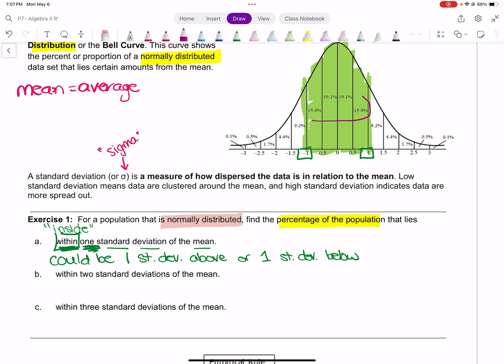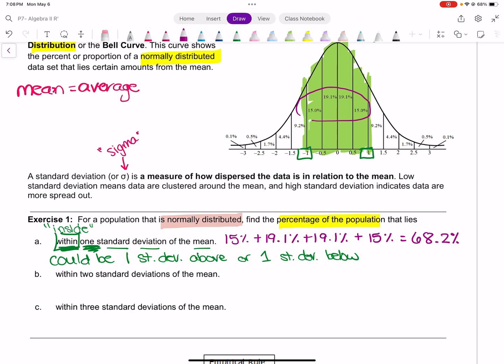So we're going to take all the percents that are inside. So we have 15, we have 19.1, another 19.1. Our normal curve is symmetrical. Another 15, and adding up, we get that it's 68.2%.